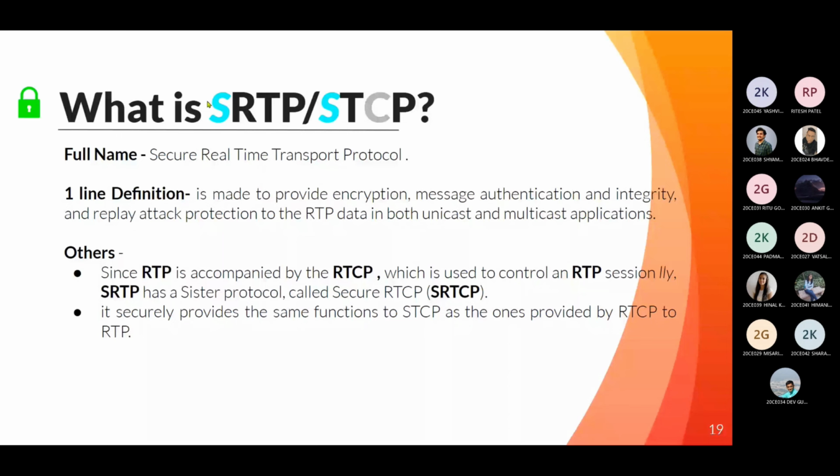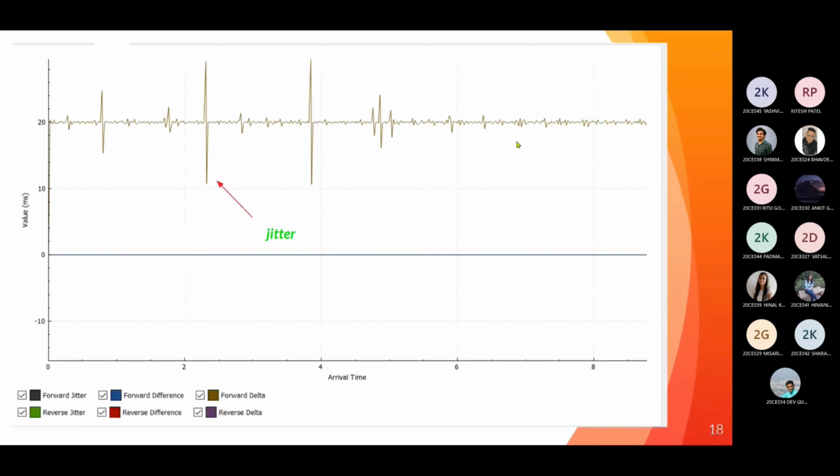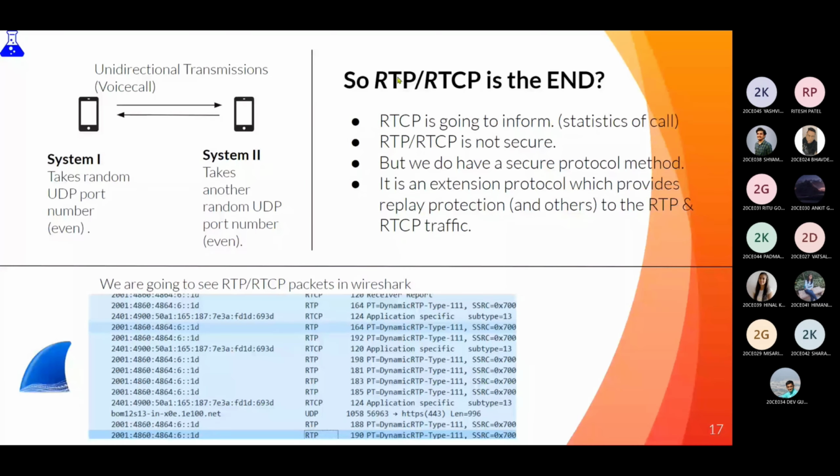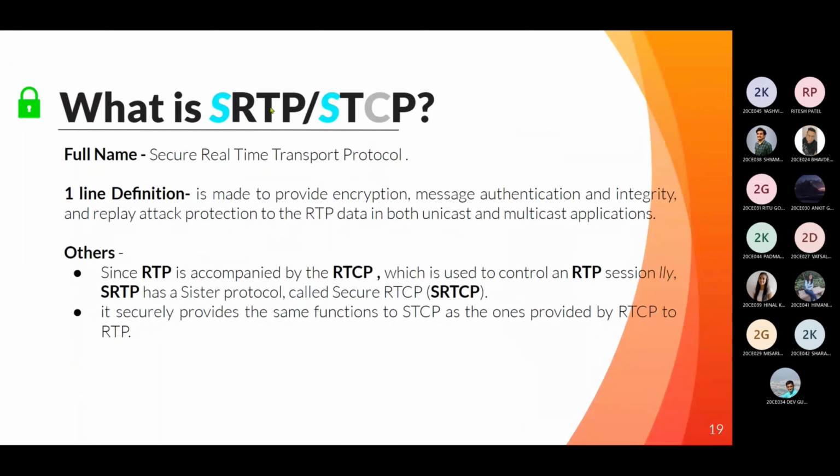In a nutshell, it is made to provide encryption, message authentication and integrity, and replay attack protection to the RTP data in both unicast and multicast applications. So that was the drawback of RTP and RTCP, that it was not secure, but we have another protocol which works along with RTP and RTCP, which is SRTP.